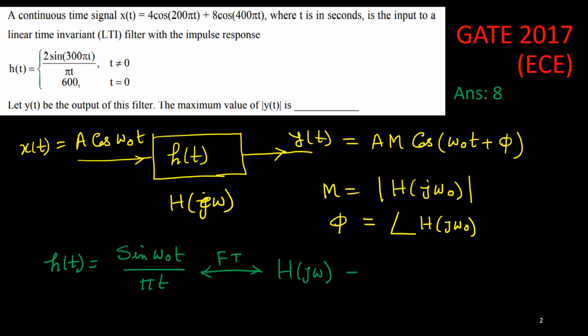Okay, so this will be 1 for omega within this omega naught and minus omega naught, and it is 0 otherwise.